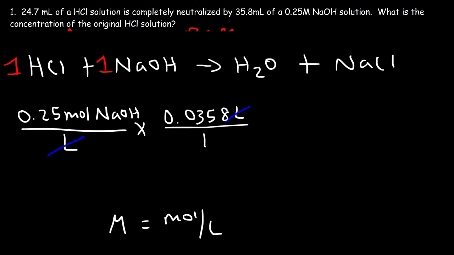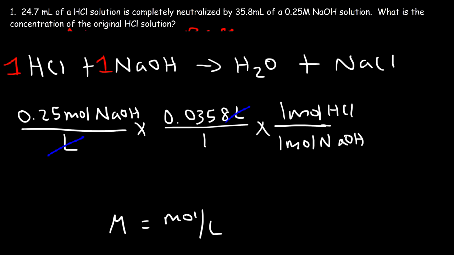So now we have moles of sodium hydroxide, and we can convert it to moles of the acid using the molar ratio, which is 1-to-1. So for every mole of NaOH that reacts, 1 mole of HCl reacts with it. So now the unit moles of NaOH cancels. So now we have moles of HCl.